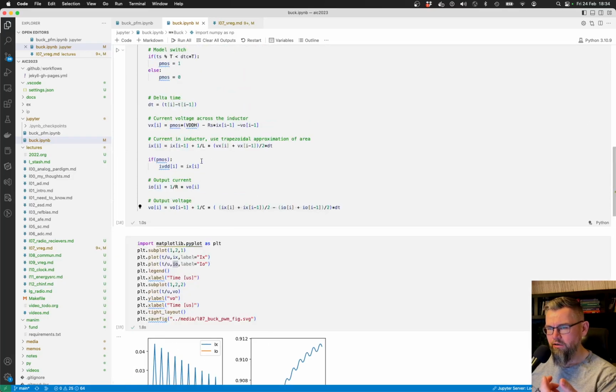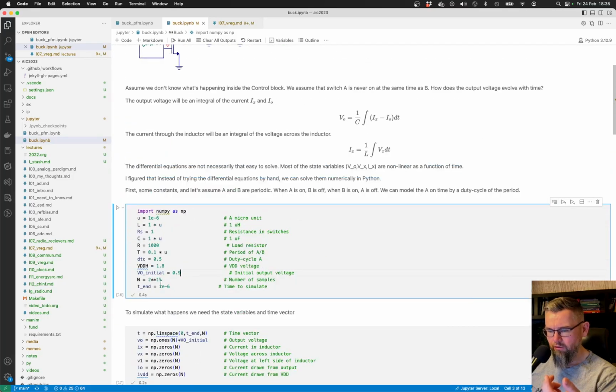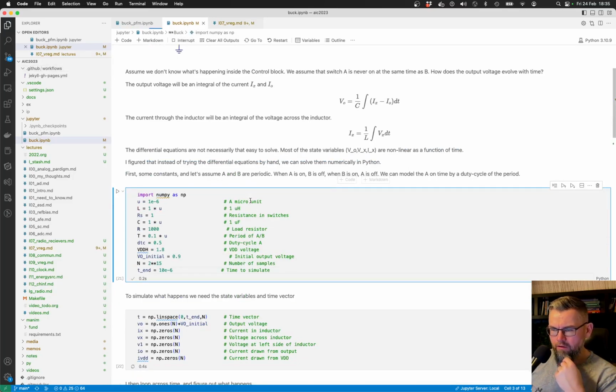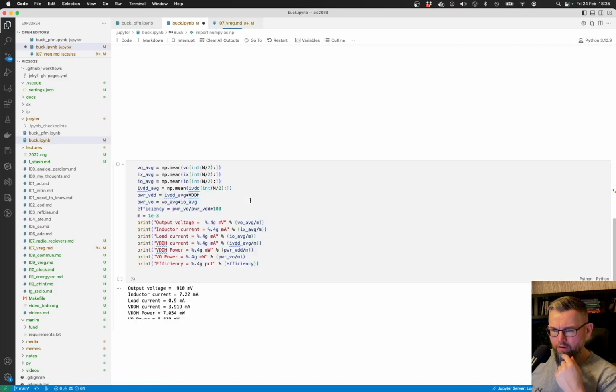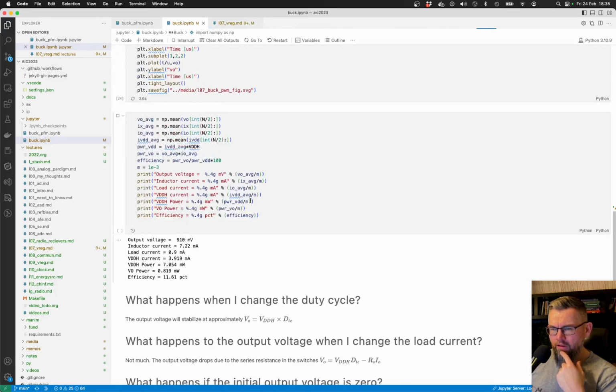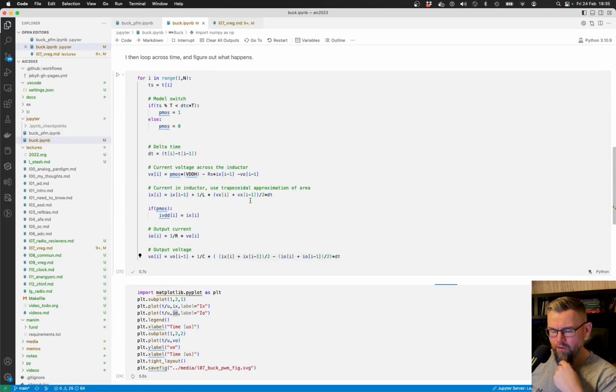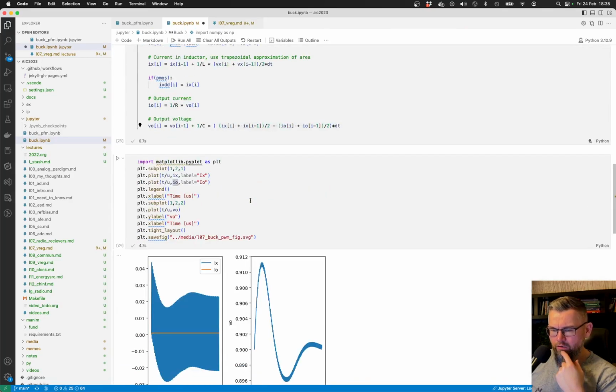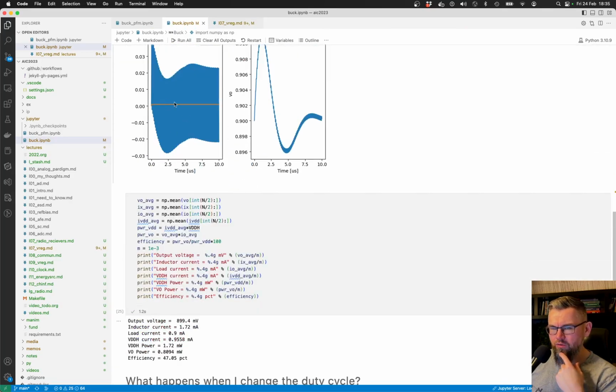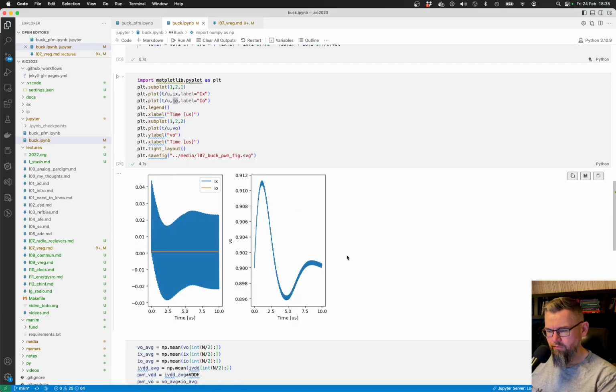And what's going to happen now is that if I simulate for a bit longer, the average current in the inductor is going to settle to my load current. And here you can see the settling behavior.